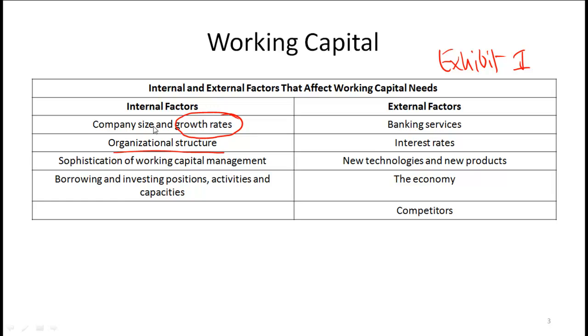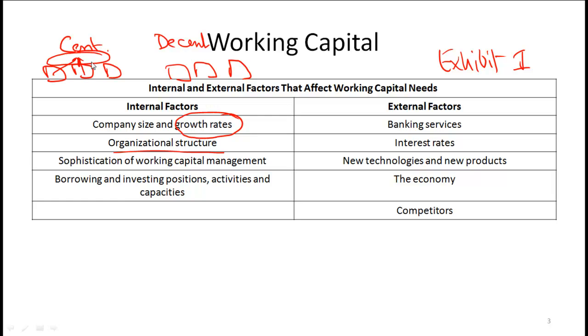Organizational structure. So here you can imagine the working capital management and cash management of a centralized firm versus a decentralized firm. Let's say that two similar firms are organized differently. Both, let's say, have 3 divisions, but for the centralized firm, the working capital management is all centralized.